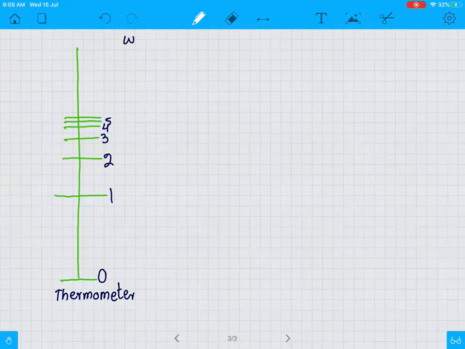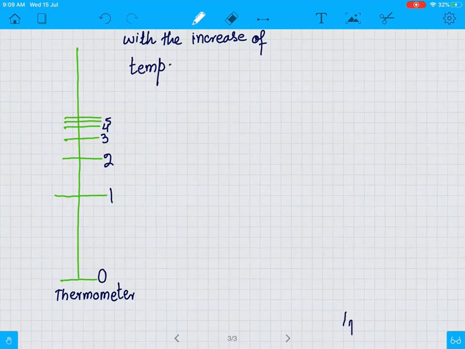So we can say that with the increase of temperature, the sensitivity is decreasing.